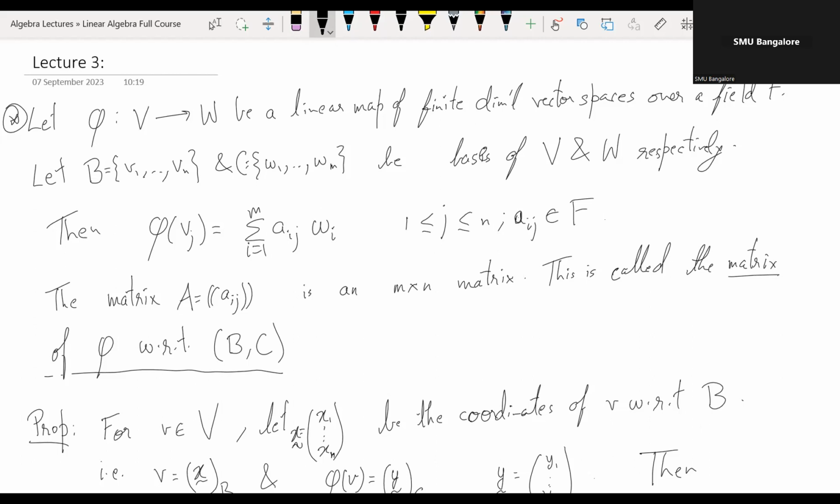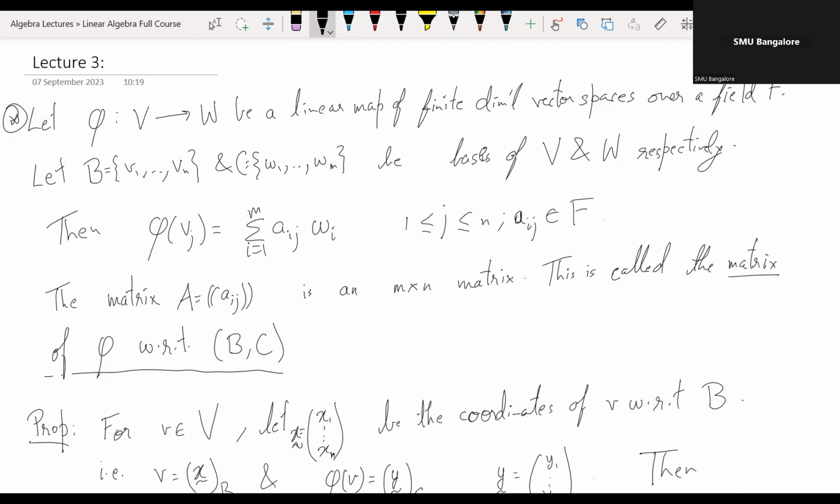This gives us a matrix, an m cross n matrix, because i ranges from 1 to m, so there are m rows, and j ranges from 1 to n.